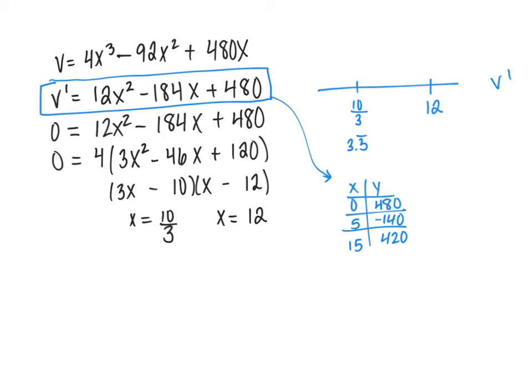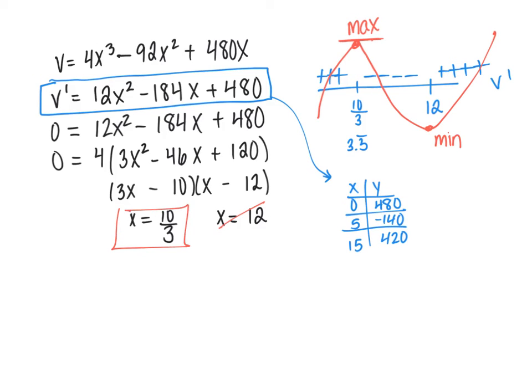So the 480 is positive, then the negative 140 is negative, and then positive. So if we draw our picture, it goes positive, negative, positive. So here is my minimum, and here is my maximum. So they're asking for the largest possible volume, so I want to use my maximum. So we're going to reject this one and use this one.